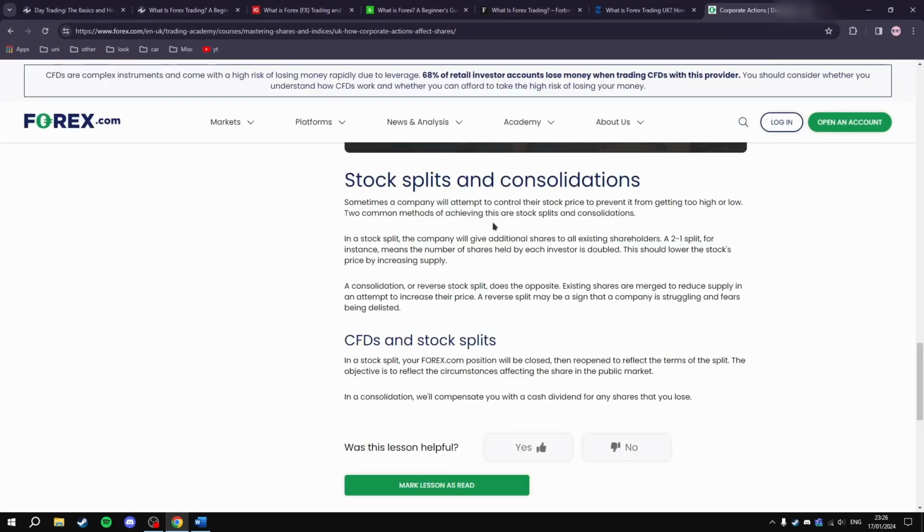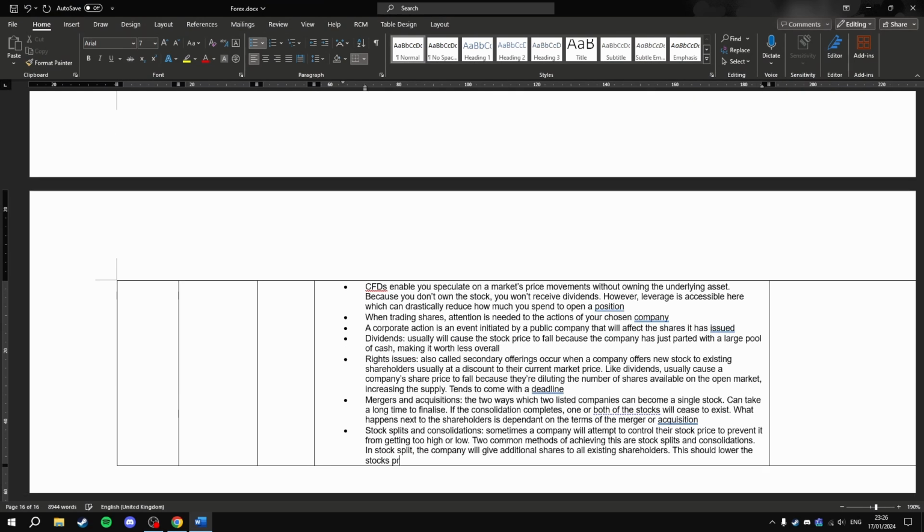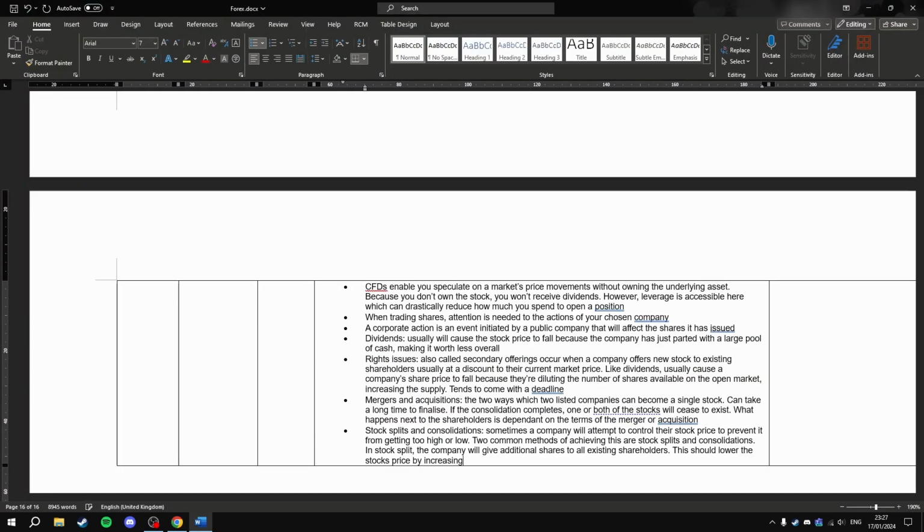A 2-1 split, for instance, means that the number of shares held by each investor is doubled. This should lower the stock's price by increasing the supply.